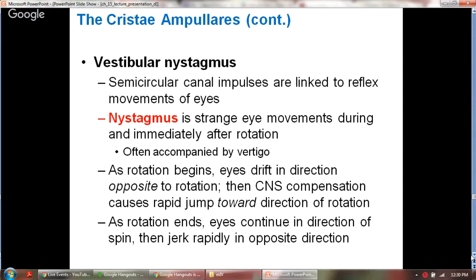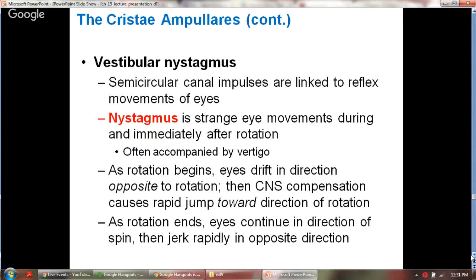One of the important topics would be the vestibular nystagmus, where the semicircular canal impulses are linked to reflex movement of the eyes. So nystagmus is a strange eye movement during and immediately after rotation, and it's often accompanied by vertigo.